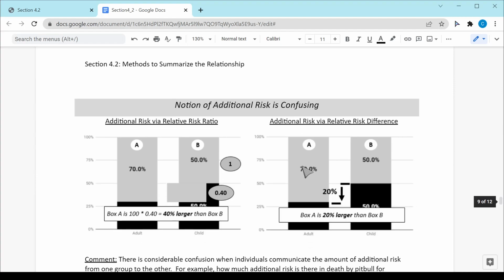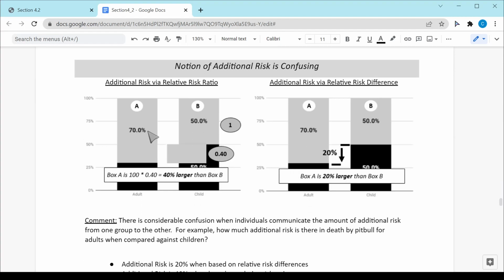Now, why this can be confusing is, this box right here is 1.4 times larger than box B here. So that means 1.4 of this B box will fit inside of the A box. It takes 1.4 of the B boxes to be as tall as the A box.